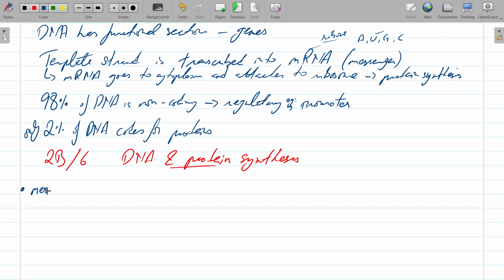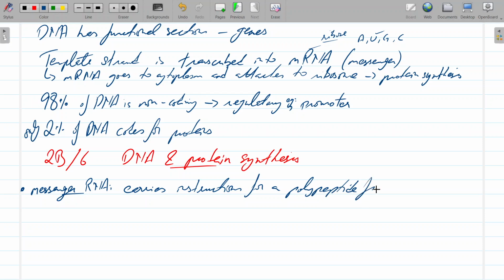Its function is that it carries instructions for a polypeptide chain from the DNA in the nucleus to the ribosome in the cytoplasm.